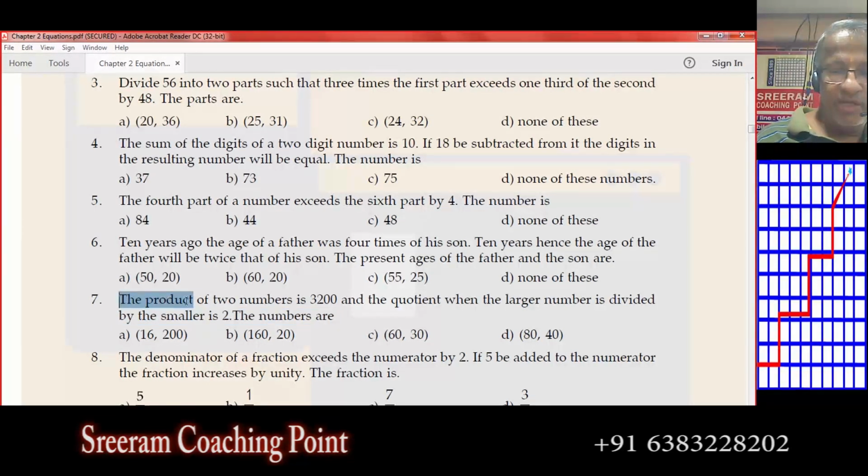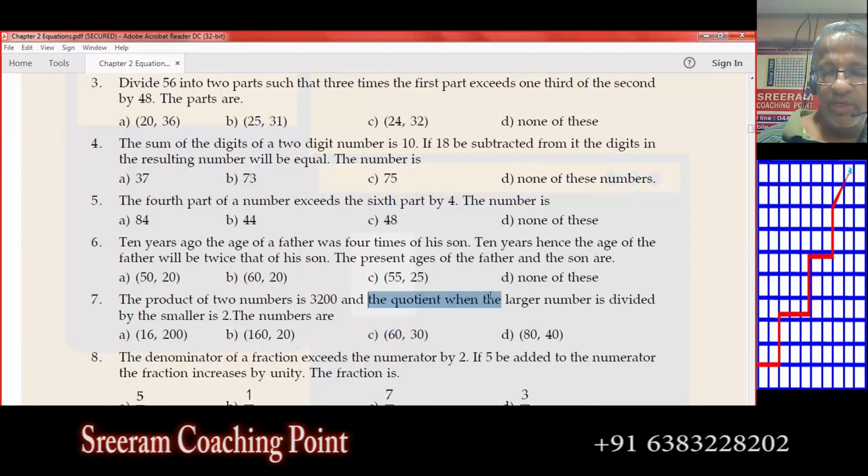Product of the two numbers is 3200. 60 into 30 is 1800, so it will not fit. 80 into 40, 3200, correct. 160 into 220 is also correct. 16 into 200 is also correct. One man, one item, odd man out, you have just taken up.